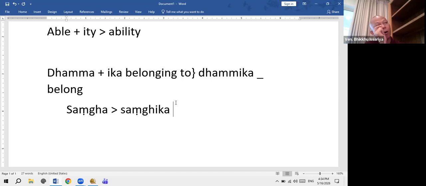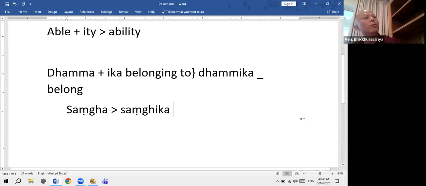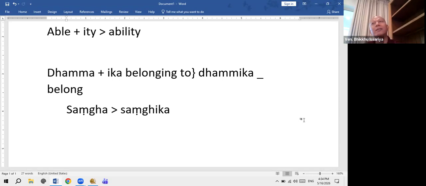In Pali, even though originally the word is an adjective, if there is no noun to modify, that adjective can be used as a noun, can be understood as a noun.